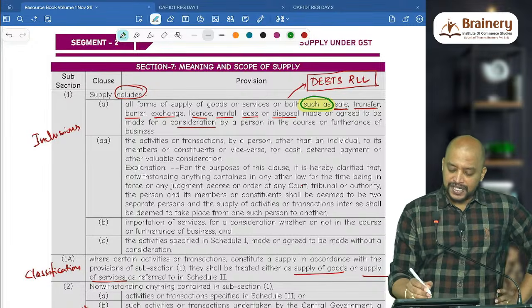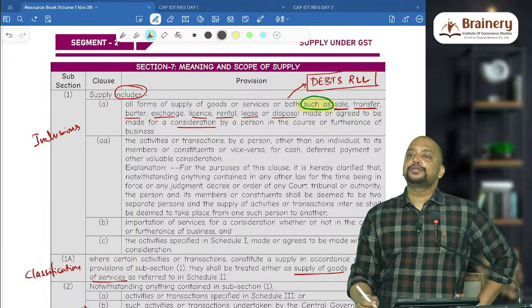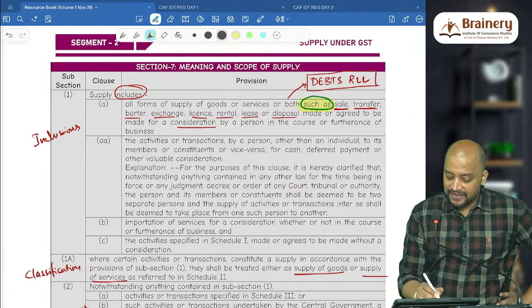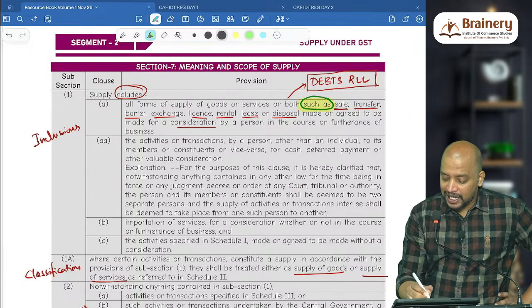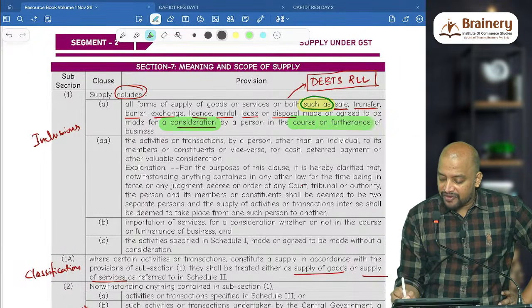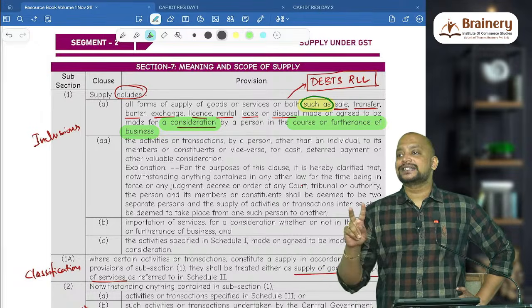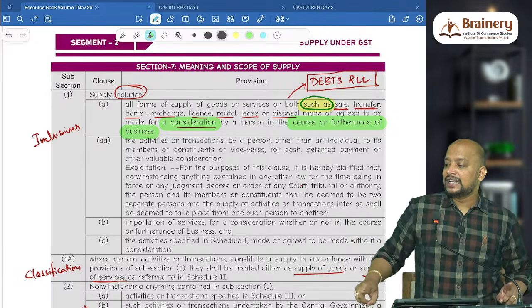So what is the first and foremost important condition in order to constitute supply under 7.1a? It should be for a consideration by a person in the course or furtherance of business. So two important conditions. First, it should be for a consideration.